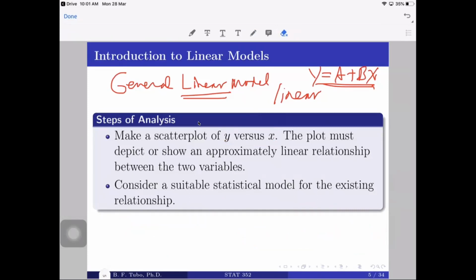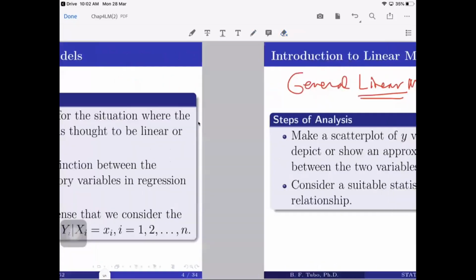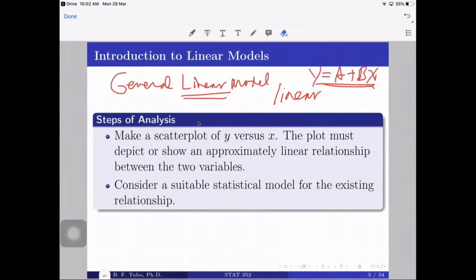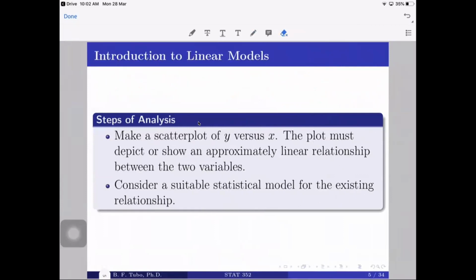Why it is linear has to do with the link function that relates x and y. You will see that later in other courses that you have. So in here, we consider a suitable statistical model where the relationship between the two is just linear.